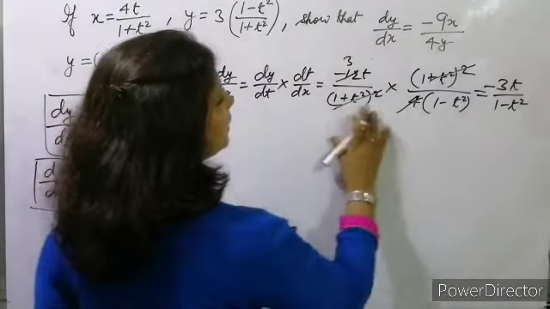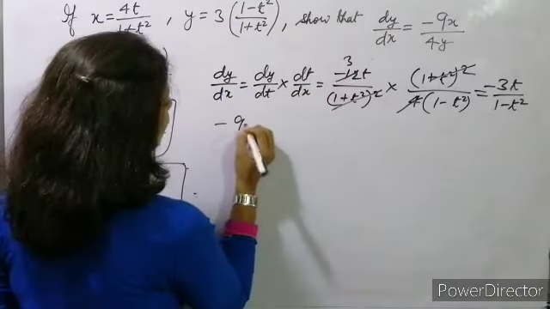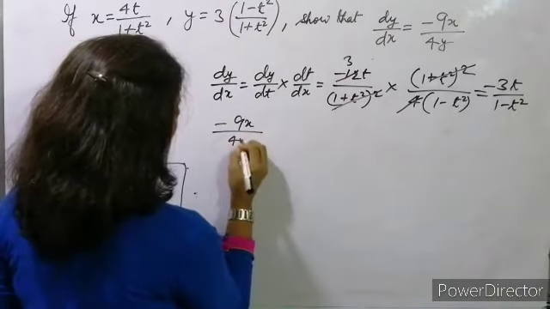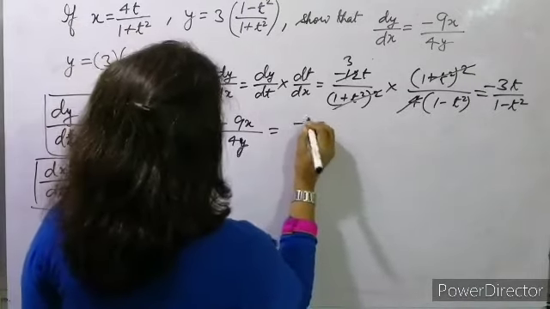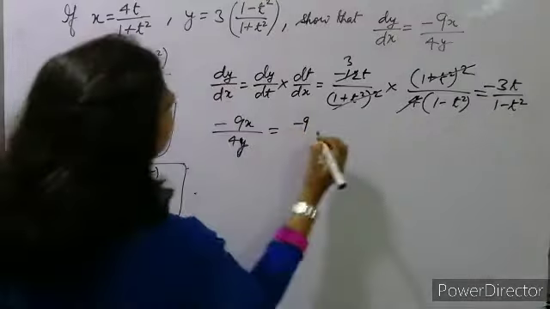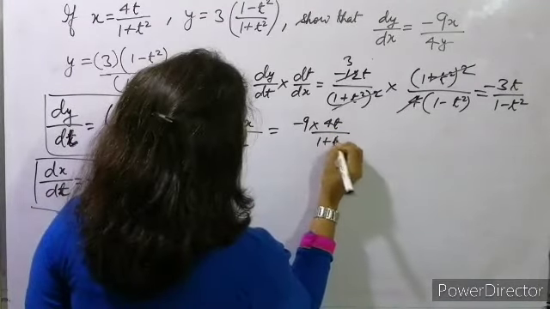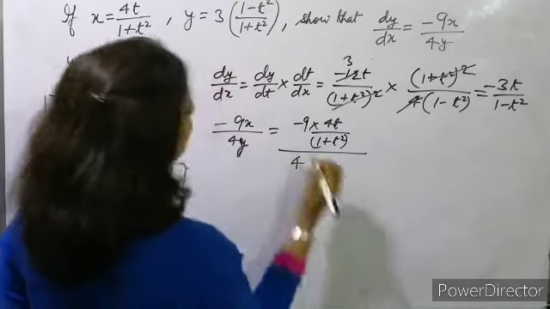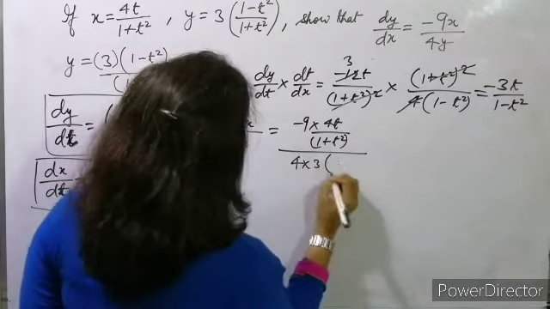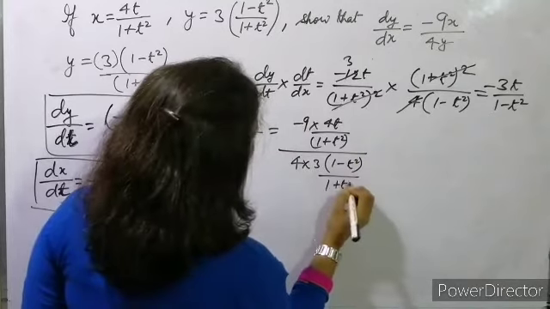Okay, nothing left. Now we'll take this one: minus 9x divided by 4y. 9x means minus 9 into x, which is 4t divided by 1 plus t square, and 4y means 4 into 3 multiplied by 1 minus t square divided by 1 plus t square.